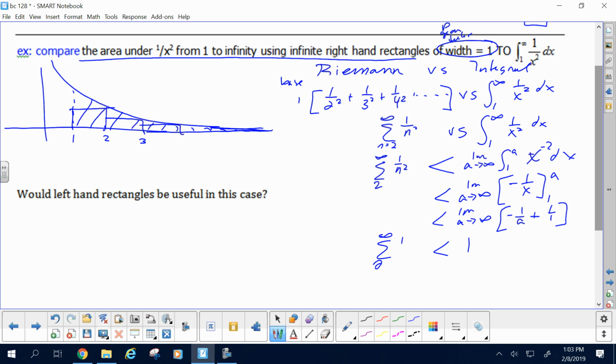What does that lead me to say about the series then? We said the series is less than the integral, and the integral has a finite sum. Therefore, the series must converge.